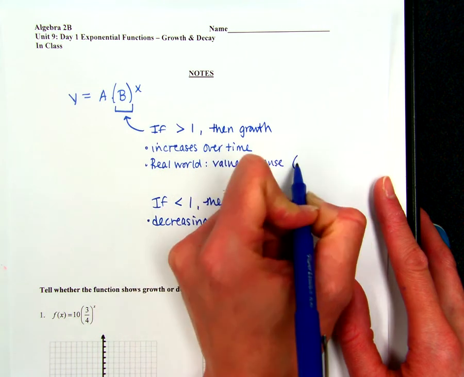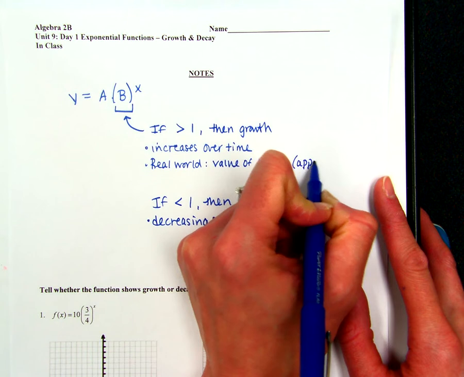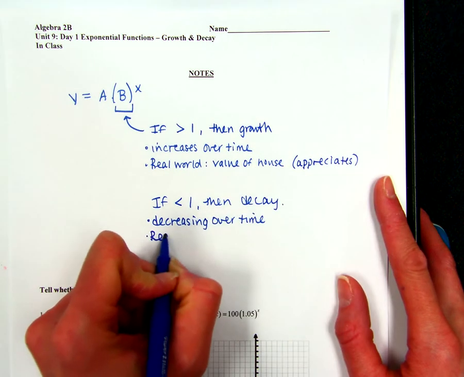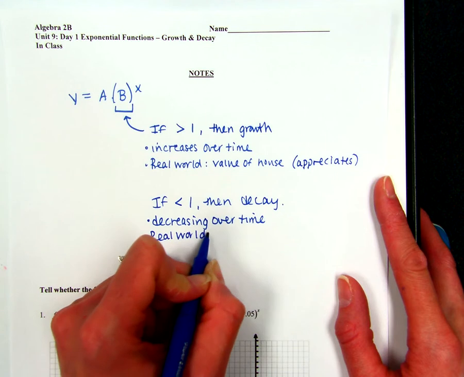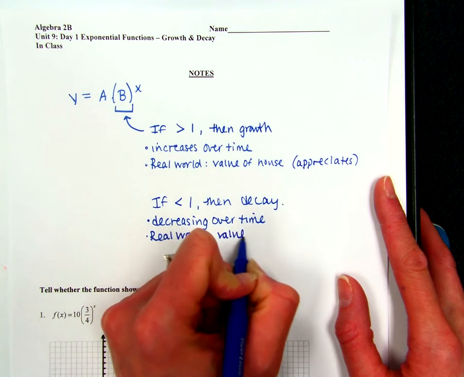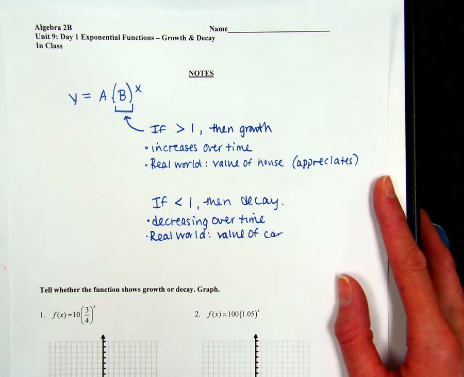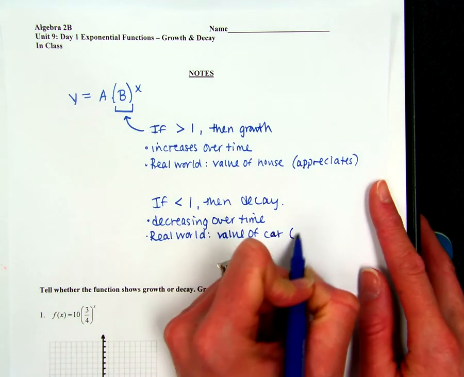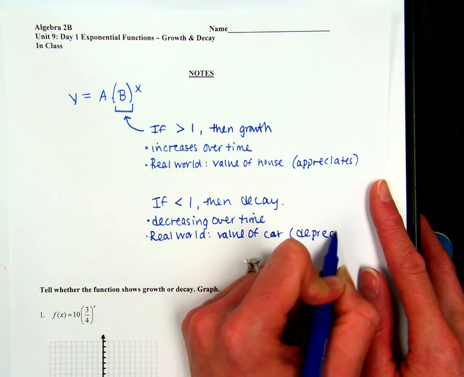Sometimes they refer to that as appreciates. Something that decreases over time would be the value of a car. Once you buy a car and try to sell it a couple years later, you can't get nearly as much as what you paid for it. That is called depreciates.